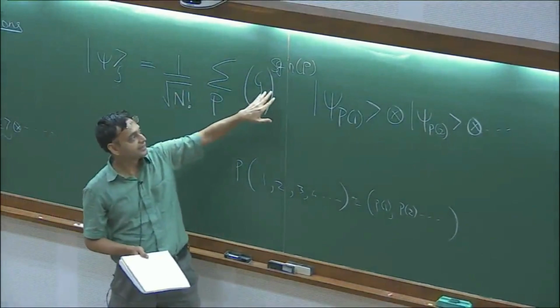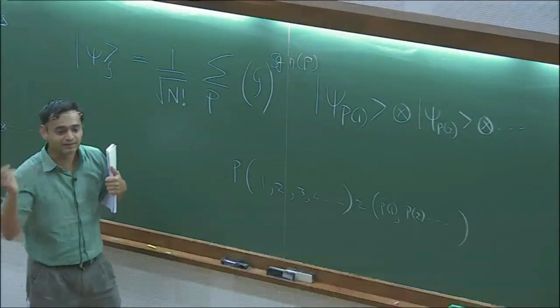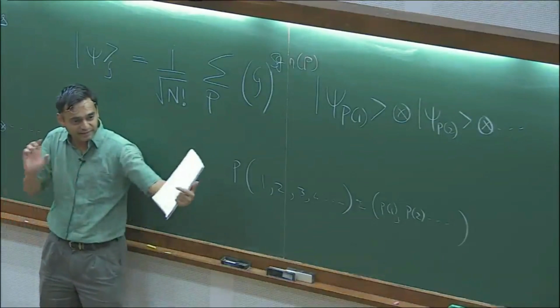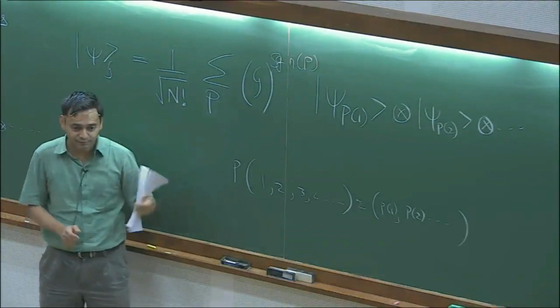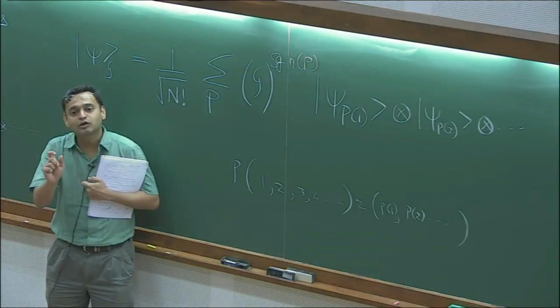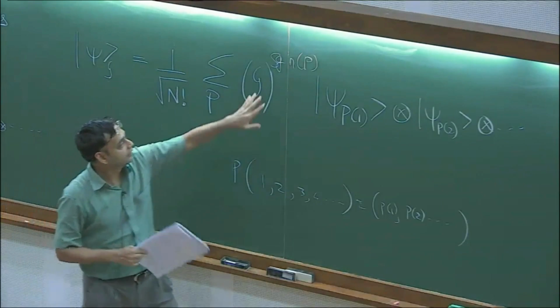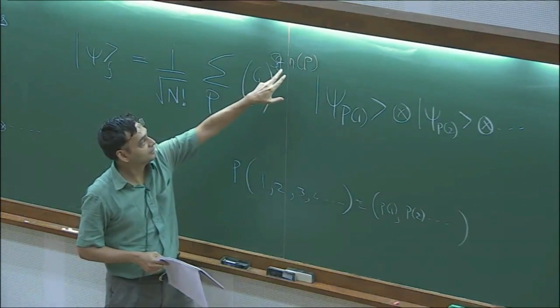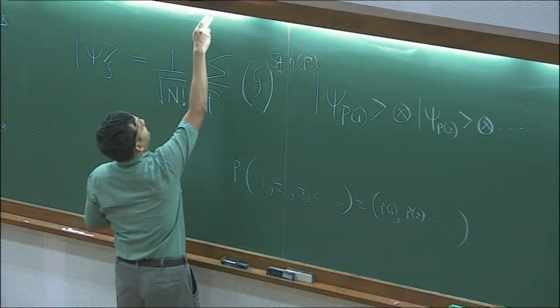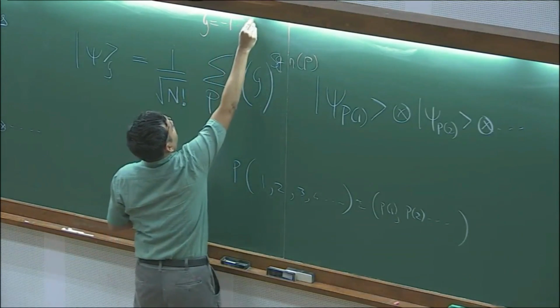And every permutation has a sign. This is the usual thing we learn in mathematics when we talk of permutations. You can write every permutation, all n factorial of them, as a product of interchanges, right? And you count how many interchanges you needed to construct that permutation. If it's odd, you put, so zeta is -1 for fermions.